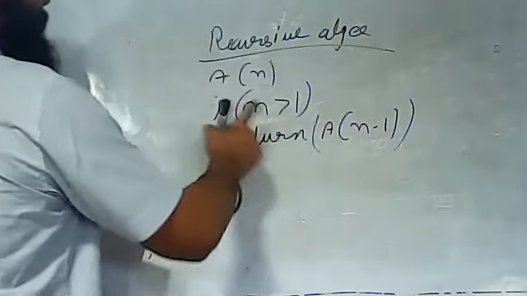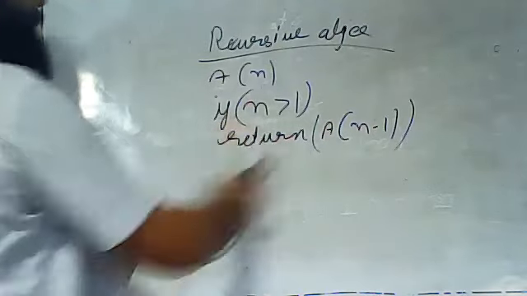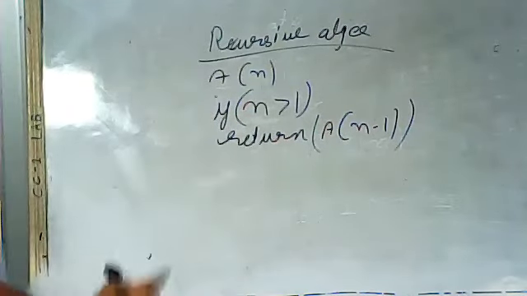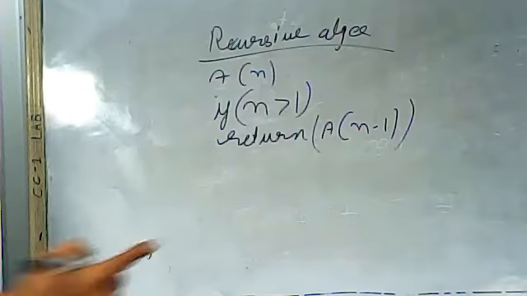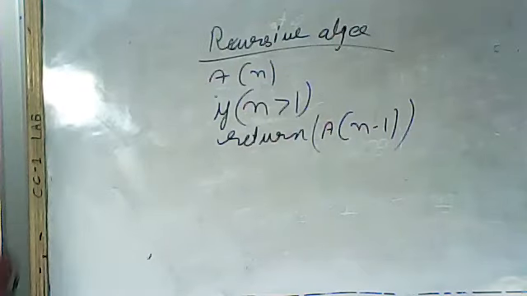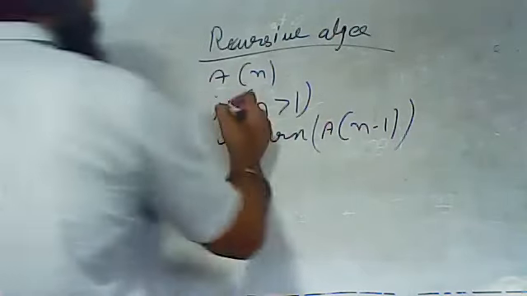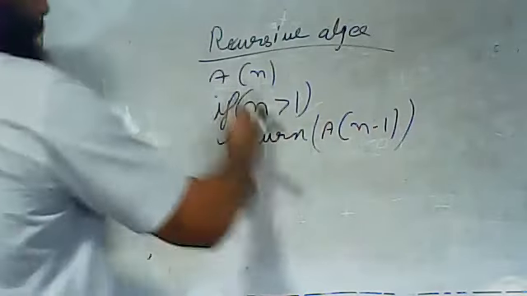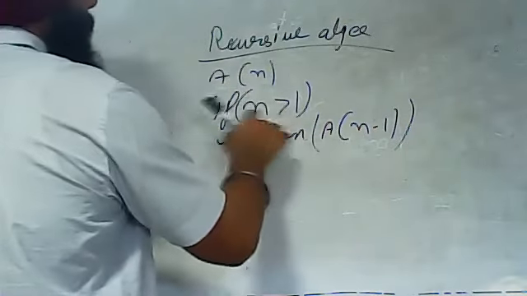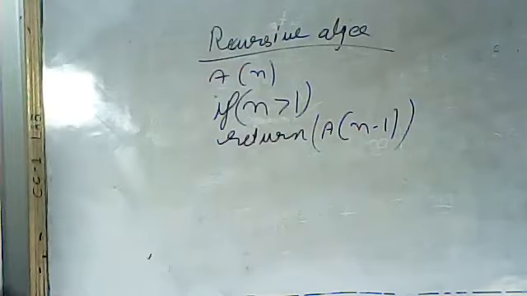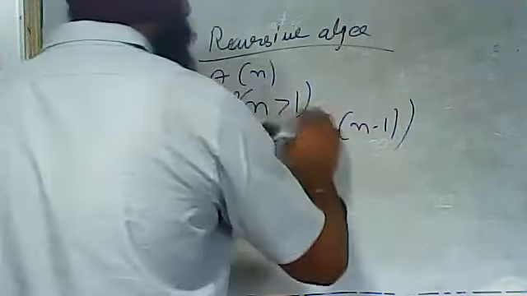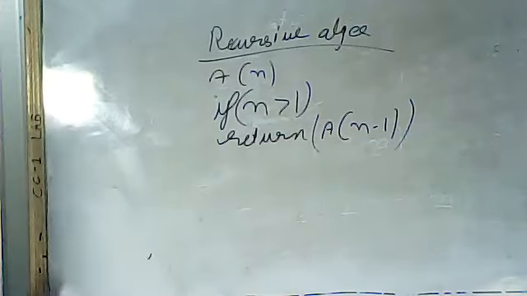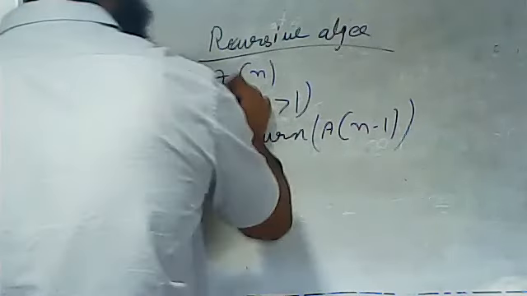Otherwise, it will keep on calling this function again and again, a kind of infinite loop. So there are multiple recursive calls until we meet this condition, that is n greater than 1. If n becomes equal to 1, this recursion will get stopped there. So this is our function.